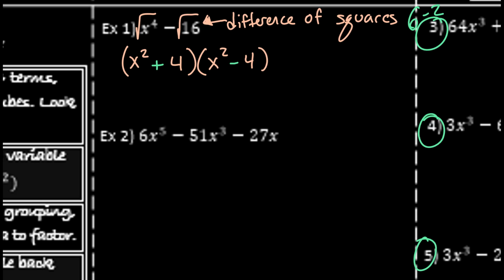Which one? So that's 2 perfect squares added together. Do we have a formula for factoring that? No. The other one.